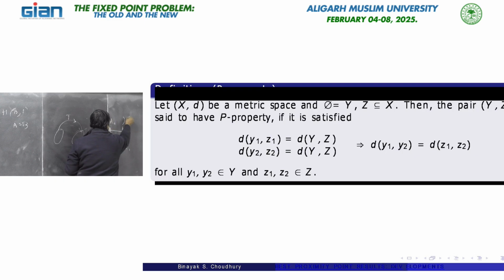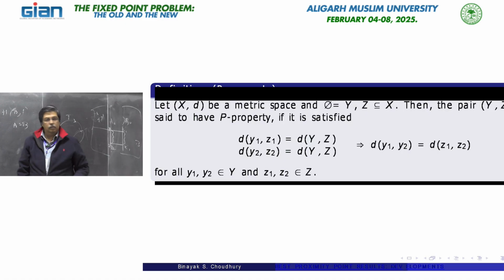This is naturally a0 and b0 of the whole space. This is a and supposedly this is b. If it so happens these two are both equal to DAB, then these two lengths are equal. This is called the P property.